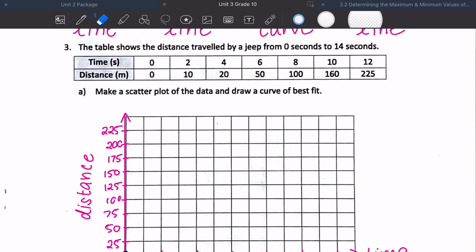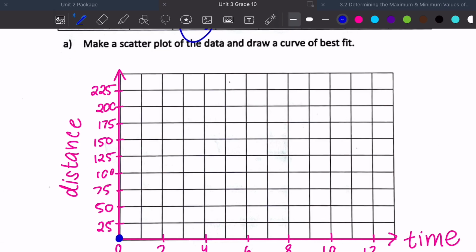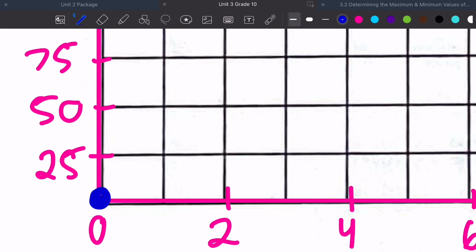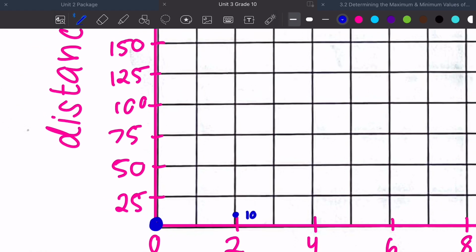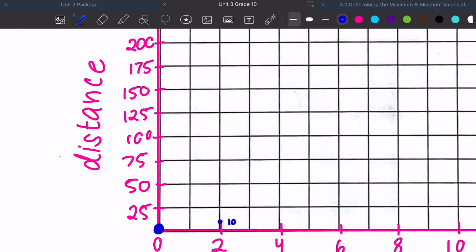The next coordinate point is 2, 10. So at time 2 seconds, I'm going to go to 2 seconds, and go all the way up to 10. Because our first one's 25, I'm going to say about 10 is here-ish, a little below the halfway point of 25, right? And again, you're going to estimate. You're going to do the best that you can.